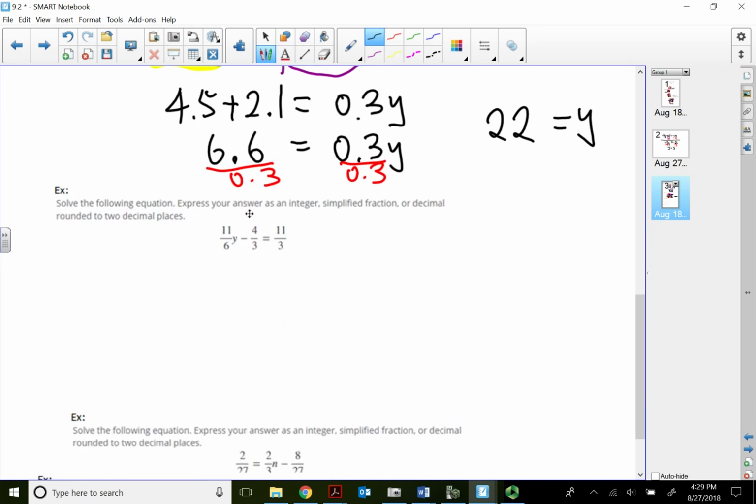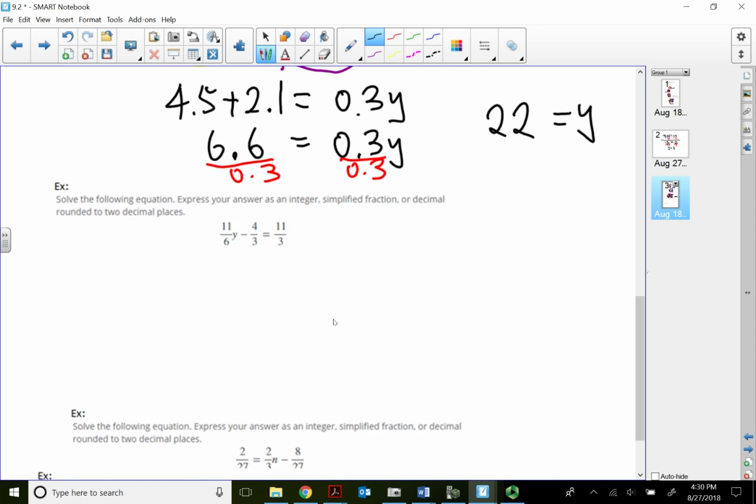So why did I show you how to clear the fraction before? Because clearing the fraction, that technique will be used again in a different module. If I remember correctly, it will be Module 14.